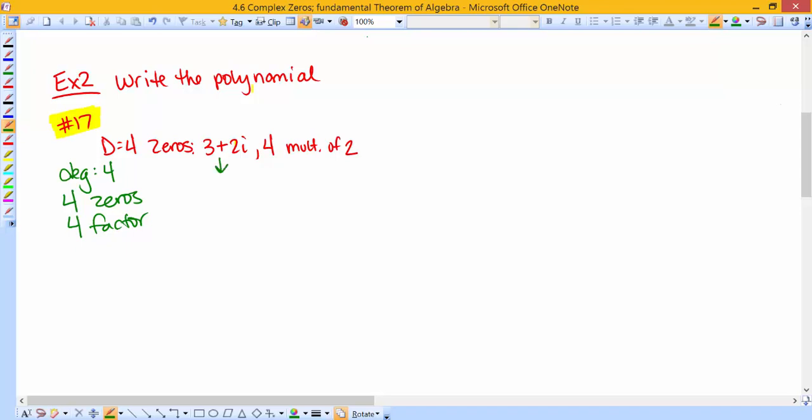Well, I need to remember its conjugate is 3 minus 2i. Then this tells me I have a 4 with a multiplicity of 2. That means there are 2 x equals 4. So one of my zeros is 3 plus 2i, another zero is 3 minus 2i, and then I have a zero of 4 twice. So there are my 4 zeros.